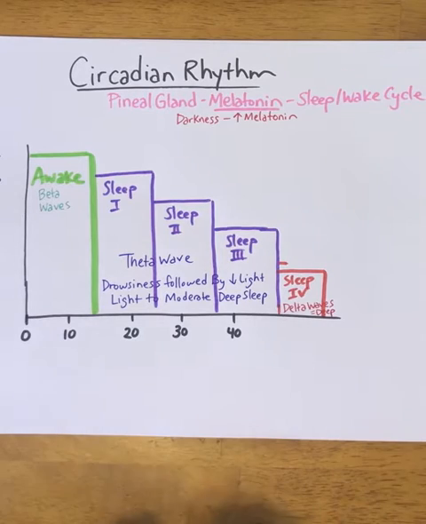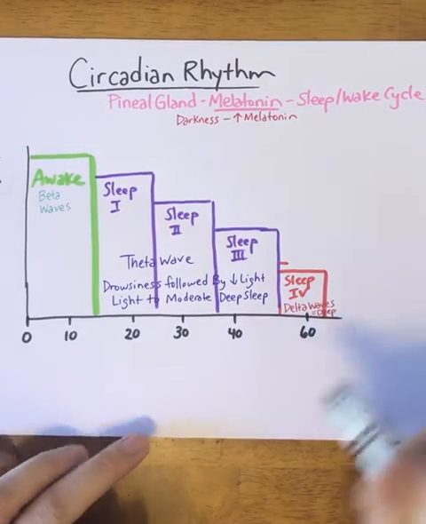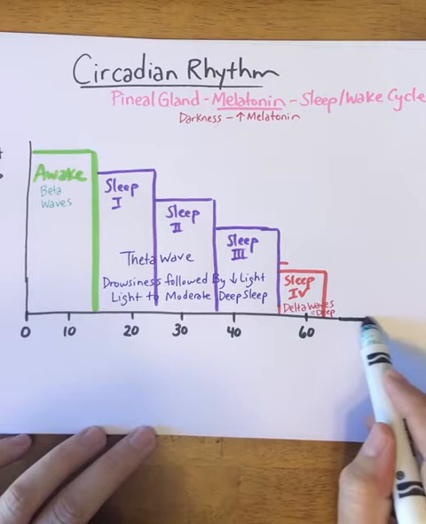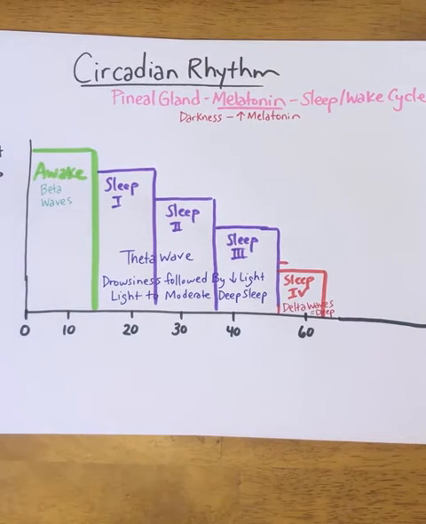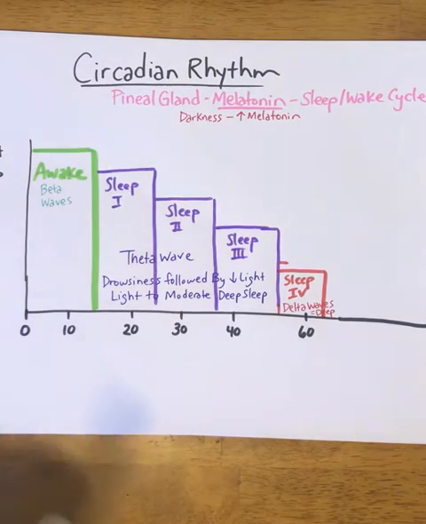Deep sleep occurs roughly 60 minutes, an hour, after you've been asleep. After you've been asleep for a while, you go into a different phase. You move back up into waves that are not beta waves, but really resemble beta waves.